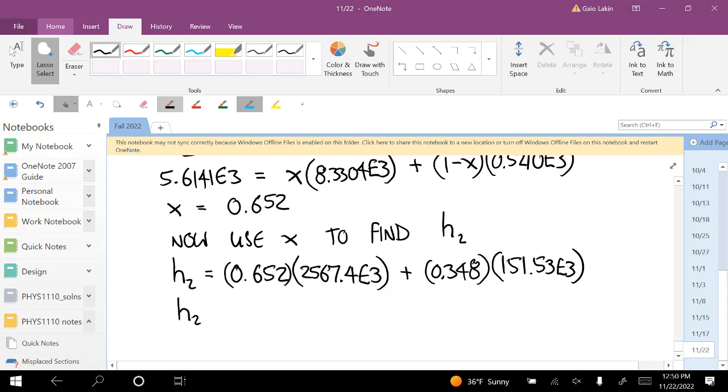And you get that H2 is 1.727 times 10 to the sixth, or I'm going to write it the same way as I'm writing all the other ones. 1727 times 10 to the third.